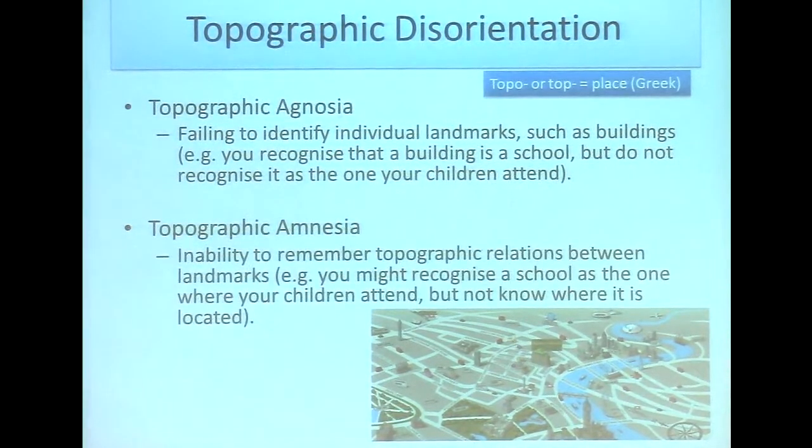Topographic amnesia is the inability to remember topographic relations between landmarks. So you might recognize a school as the one where your children attend, but you don't know where it is. Or you see a Pick n Pay where you normally go shop, and you know that's the Pick n Pay close to your home, but you can't think of where it is placed in relation to your home, so you don't know how to get home from there.